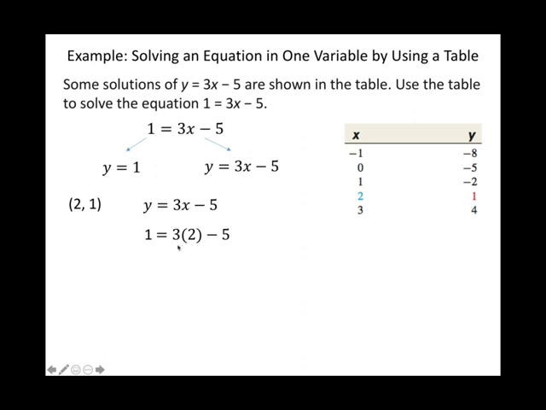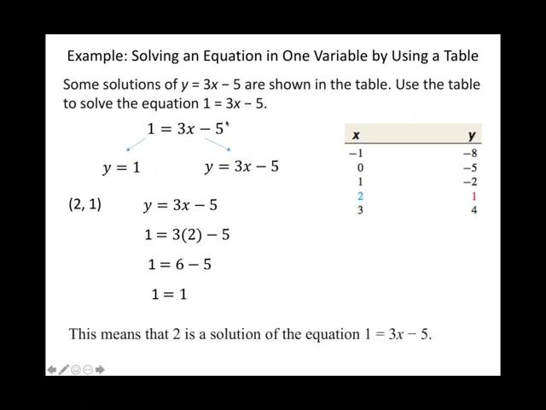That will be 3 times 2, that will be 6. 6 minus 5 will be equal to 1. Okay, so that means x equal to 2 is the solution of this equation. That's it for section 8.2.